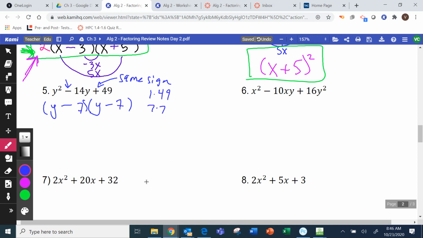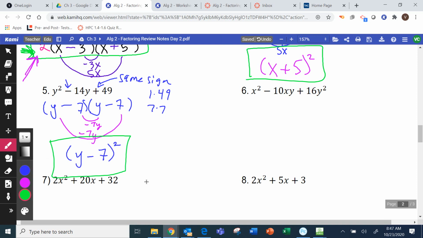So I'm going to go with 7 and 7 and check it. That's going to give me minus 7Y, minus 7Y, which is minus 14, telling me that my answer is correct. But since they are exactly the same, we have to write them as squared.